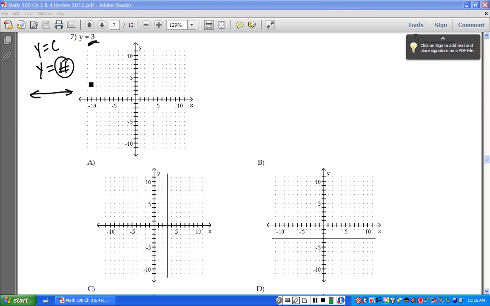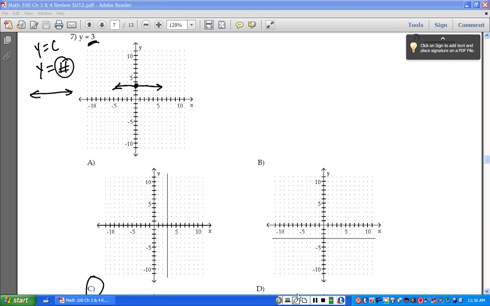In this case, y equals a constant gives you a horizontal line through that constant, which is 3. So x is 1, x is 2, y is 1, y is 2, y is 3. So a horizontal line through that constant. And there you have it. That would be C.